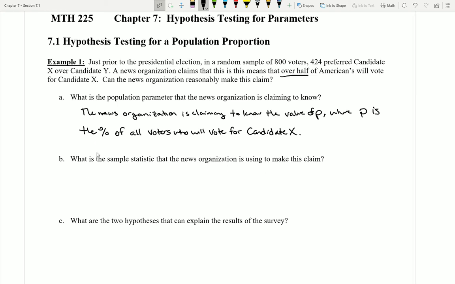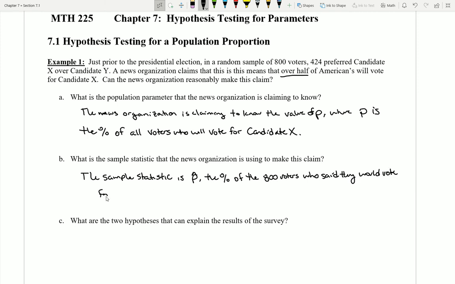Well, that's also pretty easy to see because we can see that there were 424 voters out of 800 total that said they were going to vote for candidate X. So our sample statistic here is P hat, which is the percentage of the 800 voters who said they would vote for candidate X.